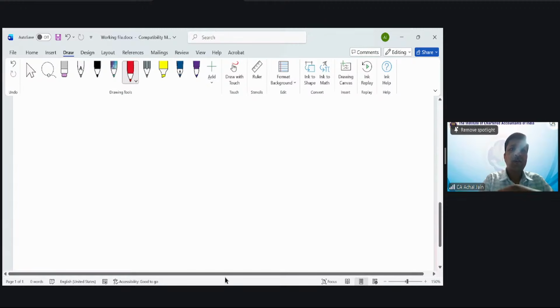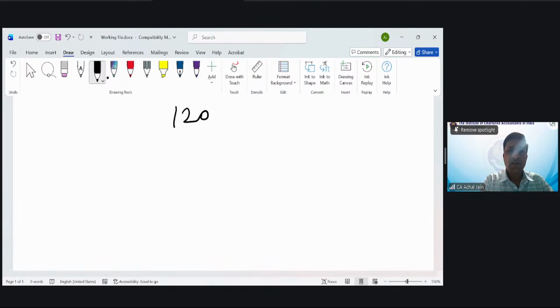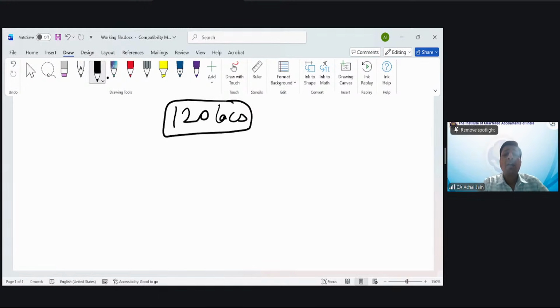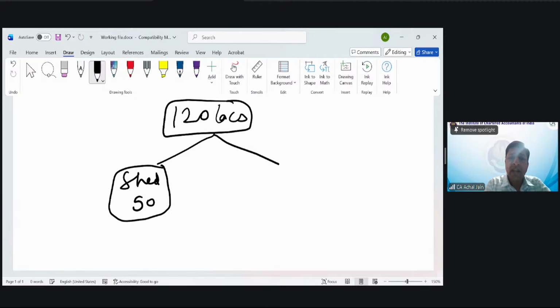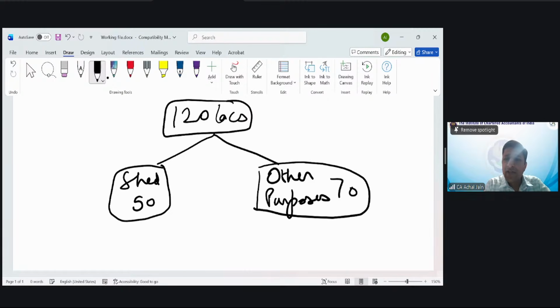Out of this 120 lakhs, we can say some amount is used for construction of shed, that is 50 lakhs, and some amount is for other purposes. What is that? 70 lakhs. This 50 is meeting the criteria of a qualifying asset.